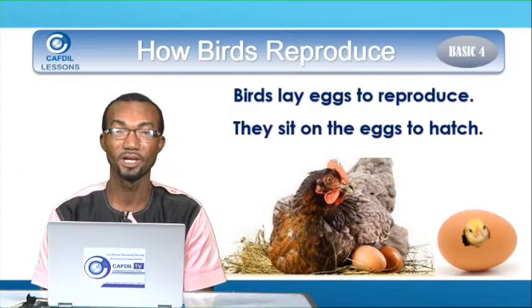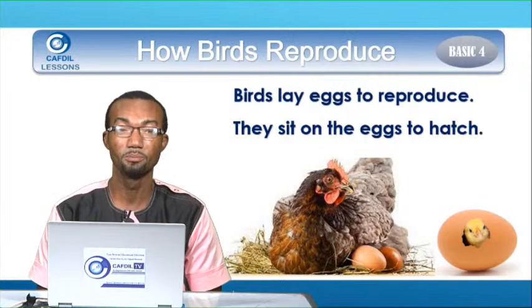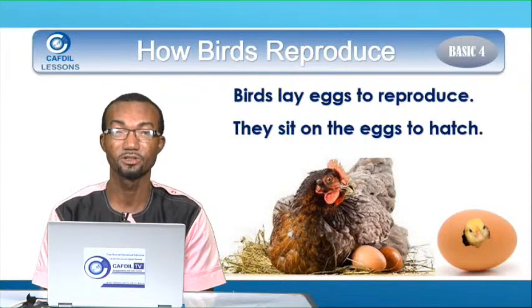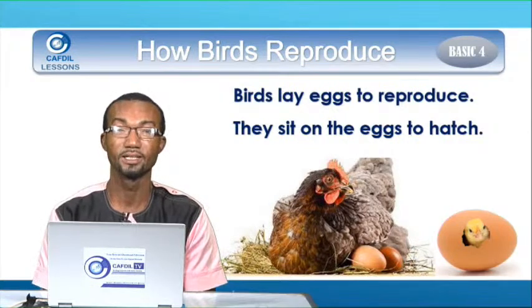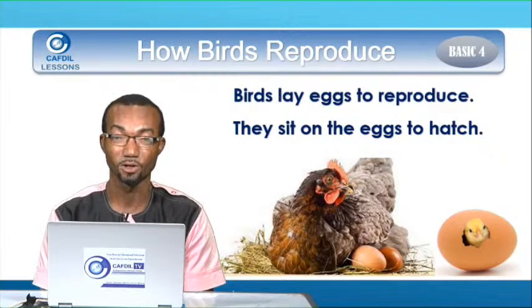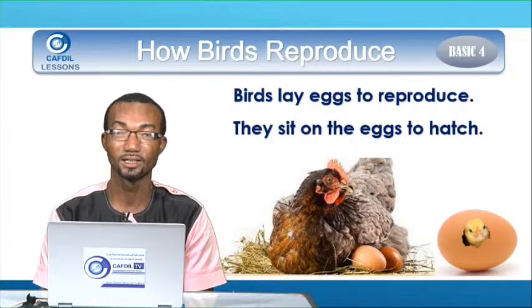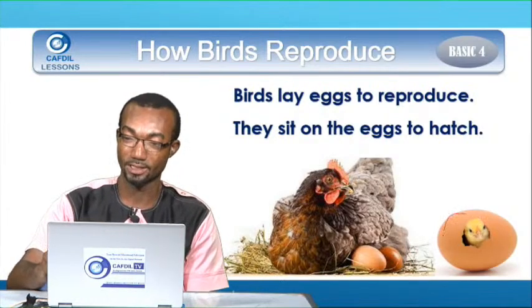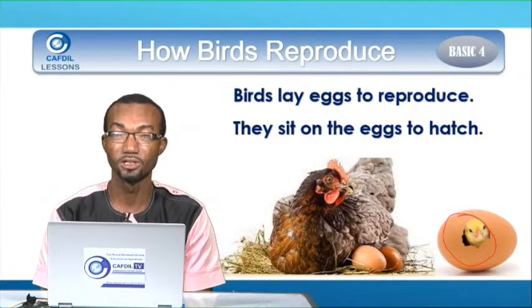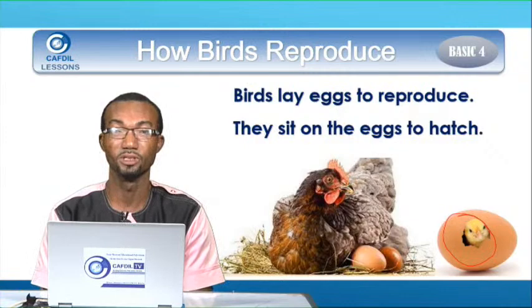Now let's look at how birds reproduce. That's how birds make new ones. Birds lay eggs to reproduce, and they sit on the eggs to hatch. So you see the hen there with some eggs under it, and this hen is sitting on the eggs, and after some days, that is about 21 days, the egg will hatch, and then new chicks or new babies will be made.